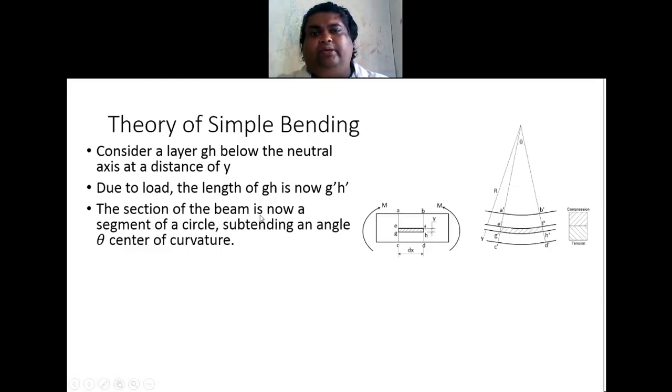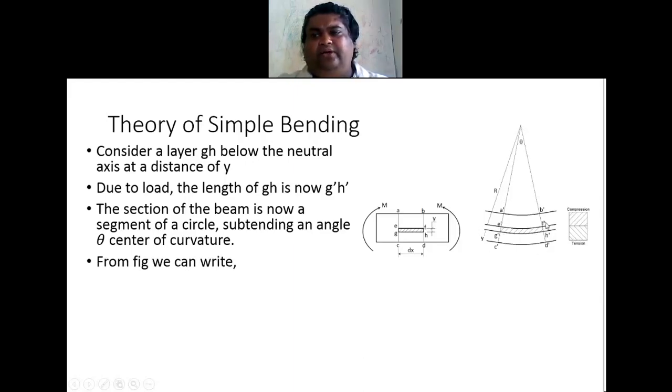The section of the beam is now a segment of a circle. Instead of this being a rectangle, it is a segment of a circle which is having radius r, thickness y, and it is subtending an angle theta at the center of curvature. This is the center of curvature.